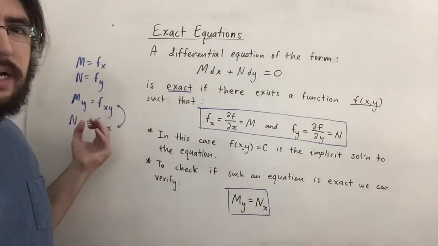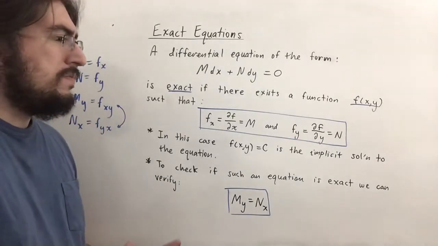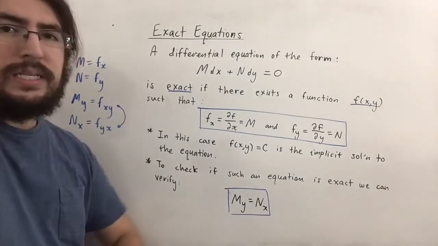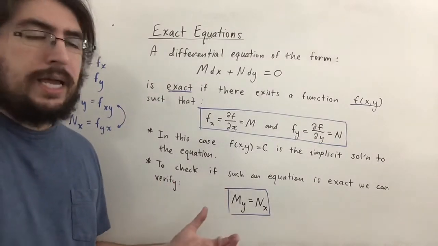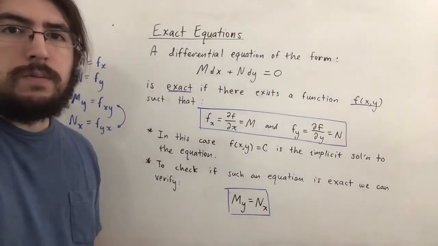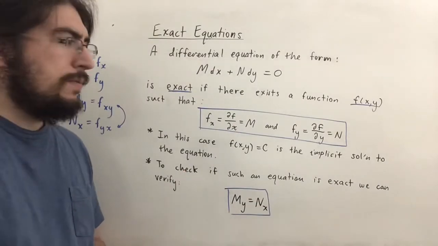So it's basically this in reverse. There are some small details where this doesn't necessarily hold all the time, but for the most part it will, especially with the basic simple examples we'll be seeing.